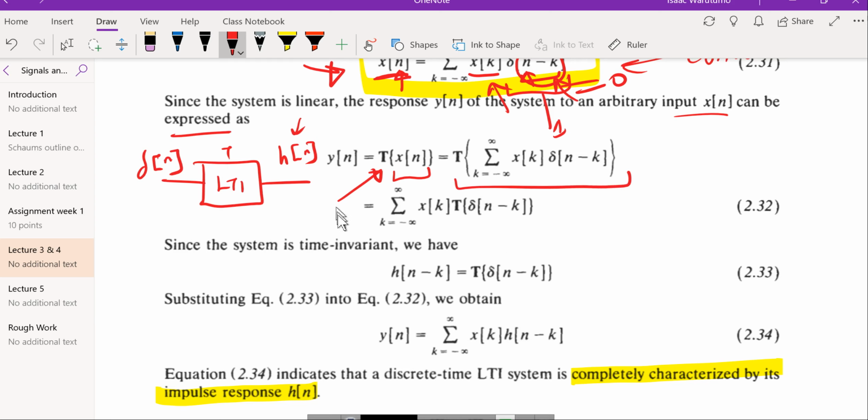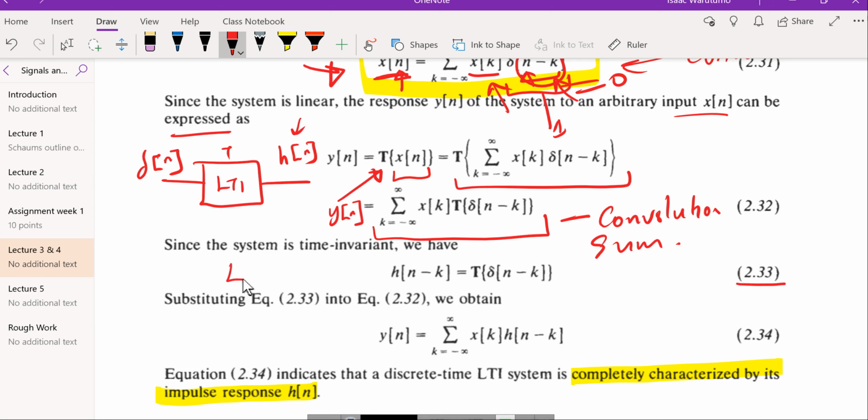Therefore, what we have simply done is say that the response of a system y of n to an arbitrary input x of n can be expressed as a convolution sum. There is a very important statement that we make here. We observe that we are dealing with an LTI system, and LTI means that it is time invariant.